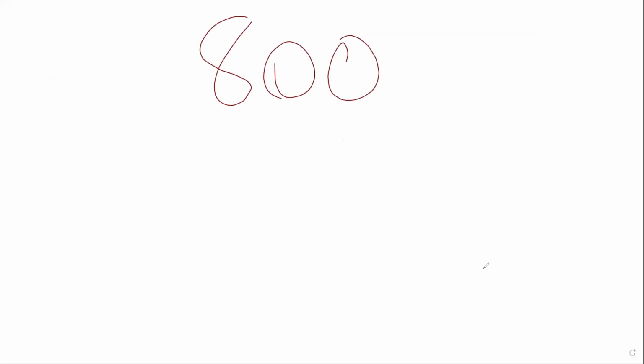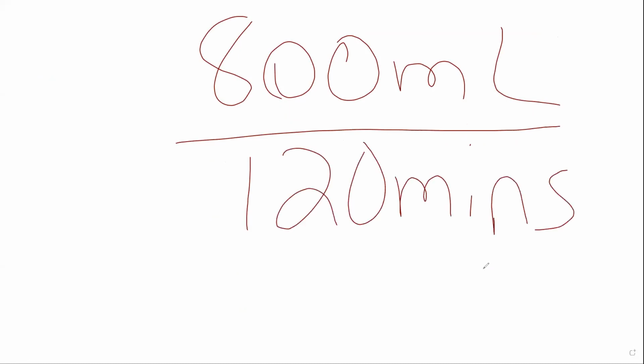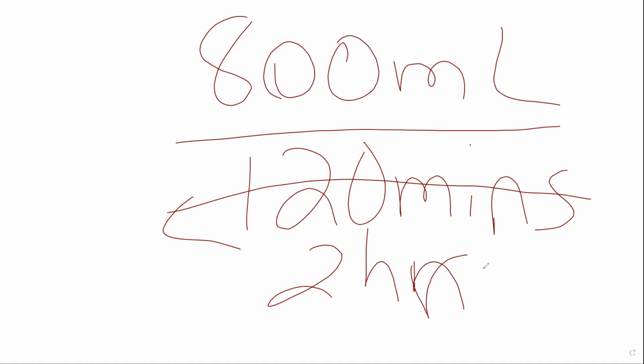So we have 800 mLs over 120 minutes. Now, you already know that this is equal to 2 hours, so you could easily just say, okay, this is 2 hours. What if it was 48 minutes? Okay, then what would you do?